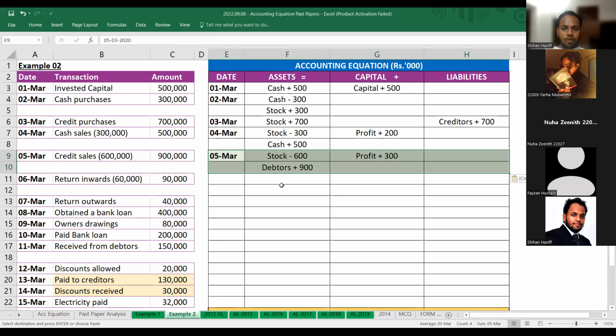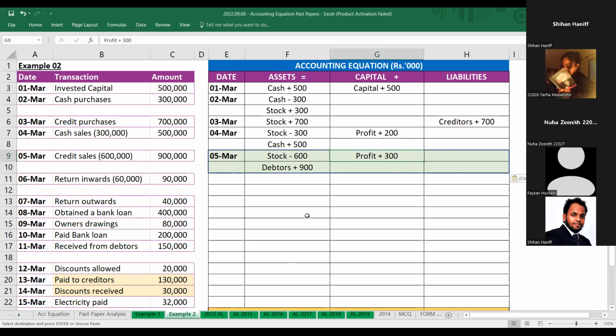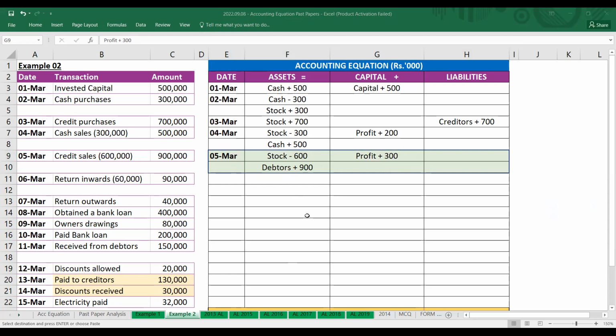So stock will reduce, debtor will increase, and the profit will increase. That is 5th March.